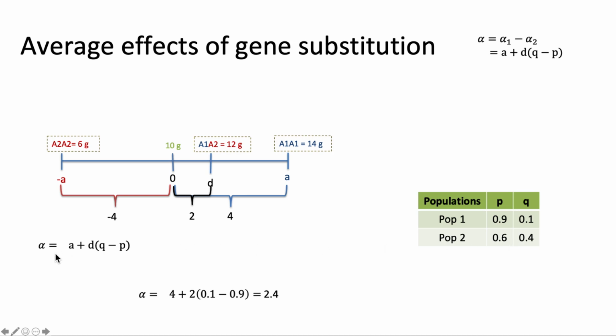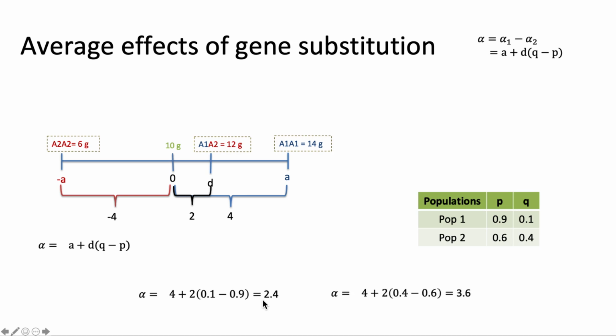If we use this formula to estimate the gene substitution effect, alpha is equal to 4 plus the dominance deviation, the difference between the midpoint and the heterozygous line, which is 2, times the difference between Q and P. And that allele substitution effect with these allele frequencies is equal to 2.4.